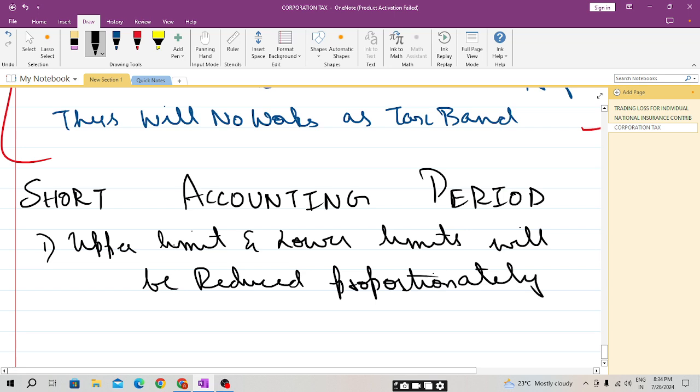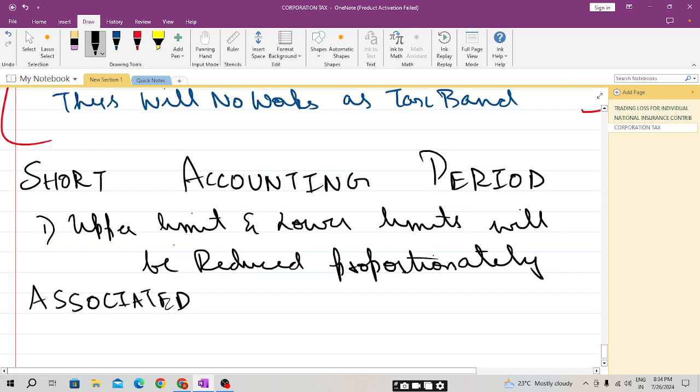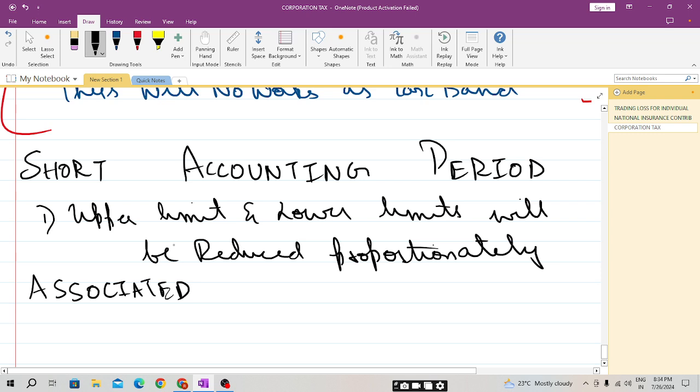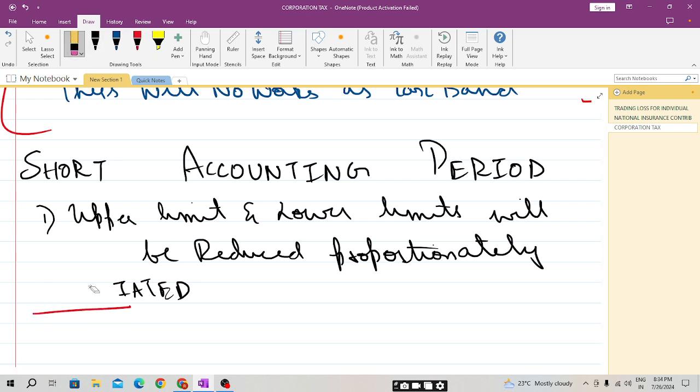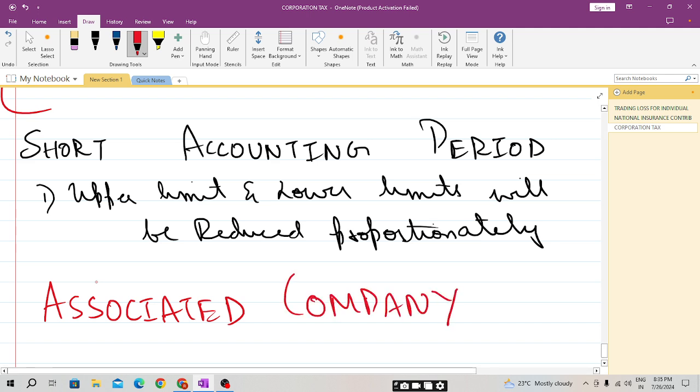And coming to the case of associated companies, students. As already mentioned by me, associated company means the company which is controlled. Now we will be seeing what the term control means.